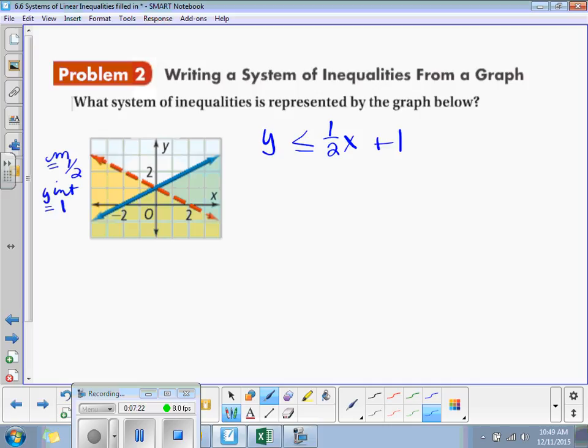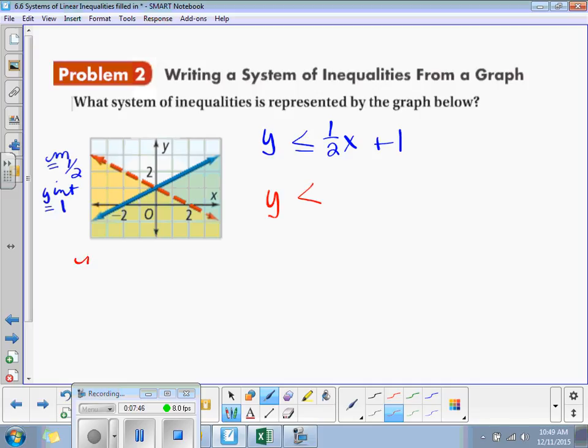For the second one, I'll do that in red. It's going to be a y. Now here we're shading below the line, so it's going to be a less than. It's a dotted line, so it's going to be just a less than. And now we can find our slope and our y-intercept.